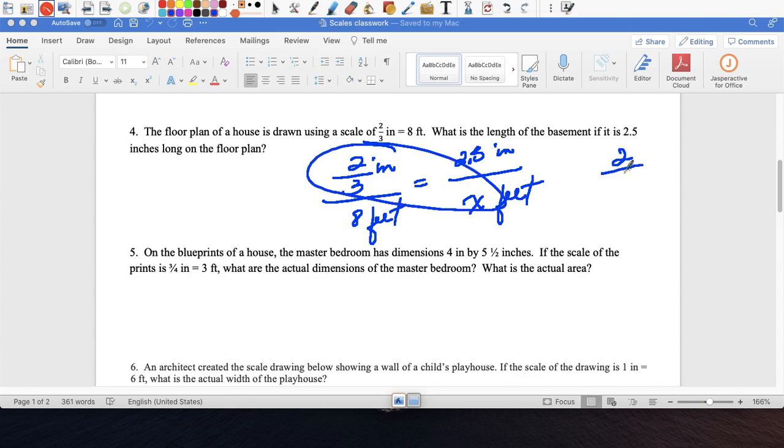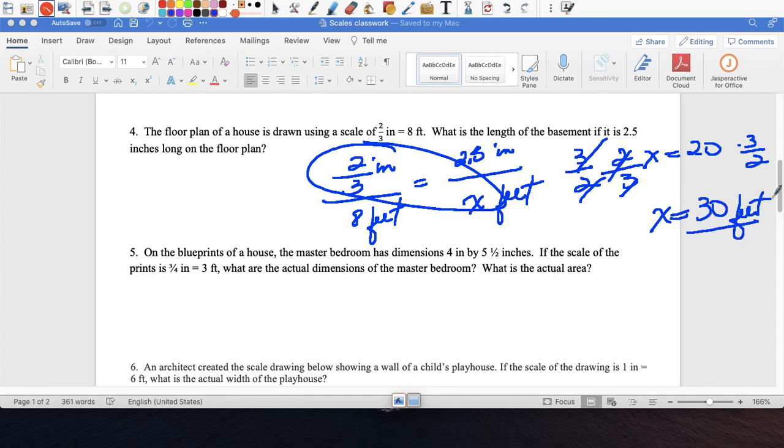We get 2/3 of x equals 8 times 2.5, which is 20. We're going to divide both sides by 2/3 and multiply each side by 3/2. Up to you. The left side simplifies to x. And we have 20 divided by 2 is 10 times 3 is 30. And 30 feet is our answer.